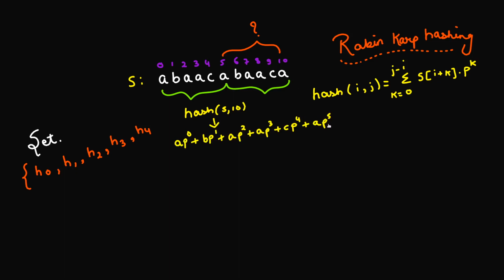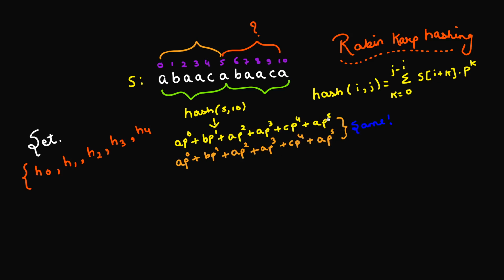That's what the hash of this substring from 5 to 10 is going to be. Okay, cool. Now also consider the region from index 0 to 5. And what is the hash of this going to be? Well, that is going to be a times p raised to the power 0 plus b times p1, a times p2, a times p3, and so on till a times p5.